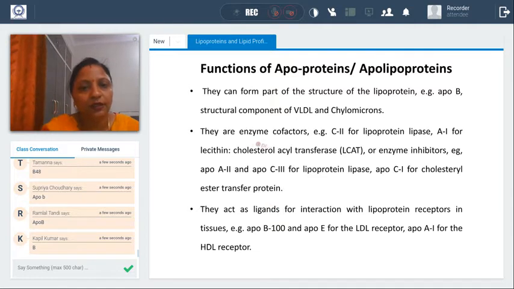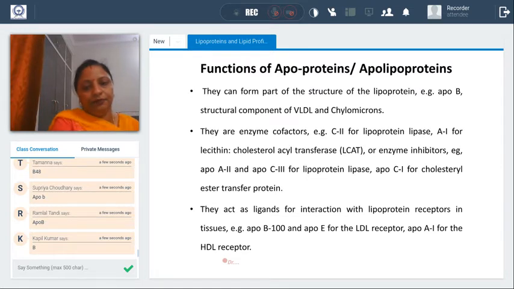So these are the enzyme cofactors. They act as ligands for interaction with lipoprotein receptors in tissues, like ApoB100 or ApoE for the LDL receptors, and ApoA1 for the HDL receptors.